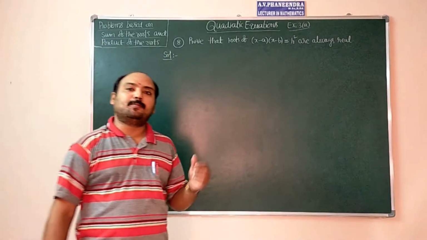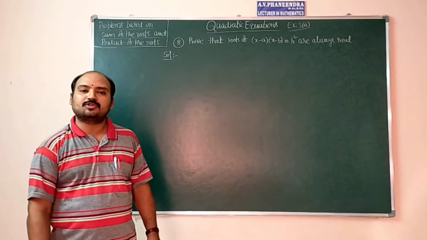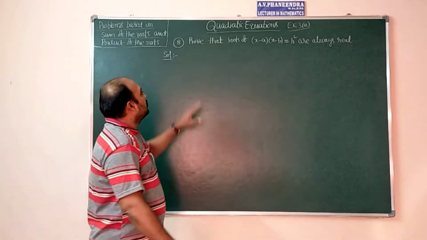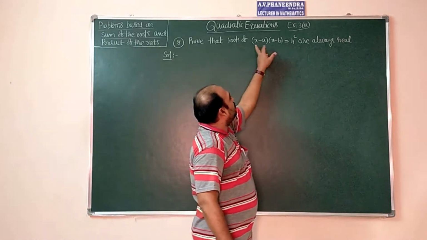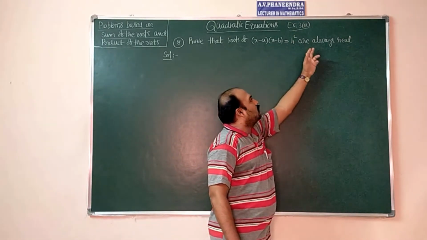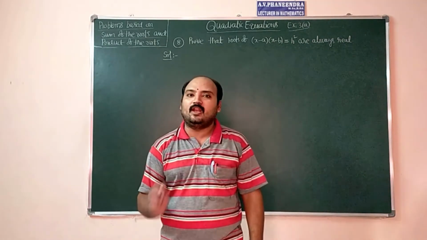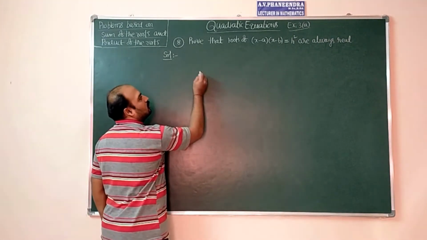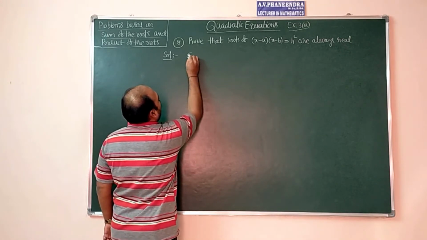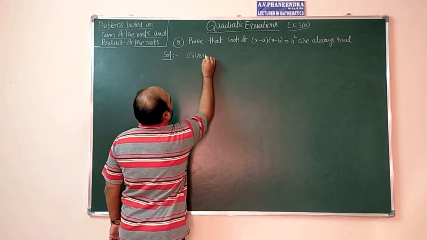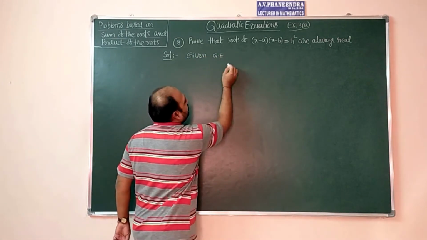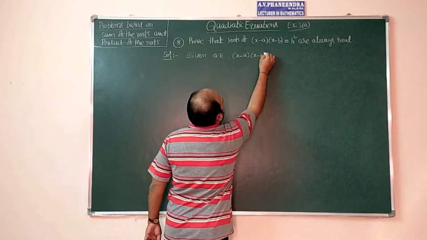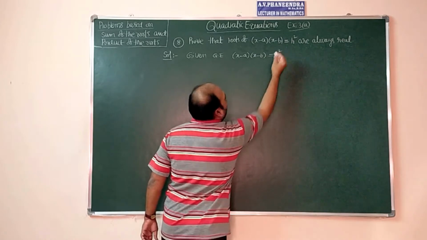Next question, important for very short answer type questions in public examinations. Prove that the roots of (x - a)(x - b) = h² are always real. First, you write the given quadratic equation, (x - a)(x - b) = h².